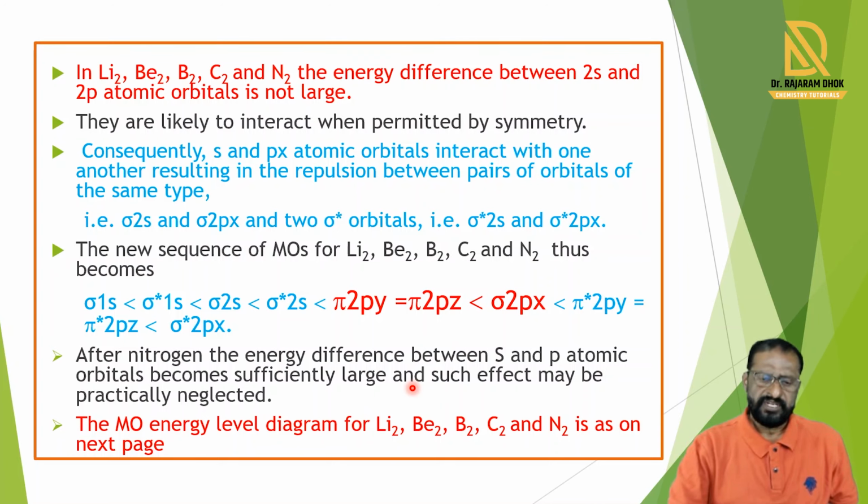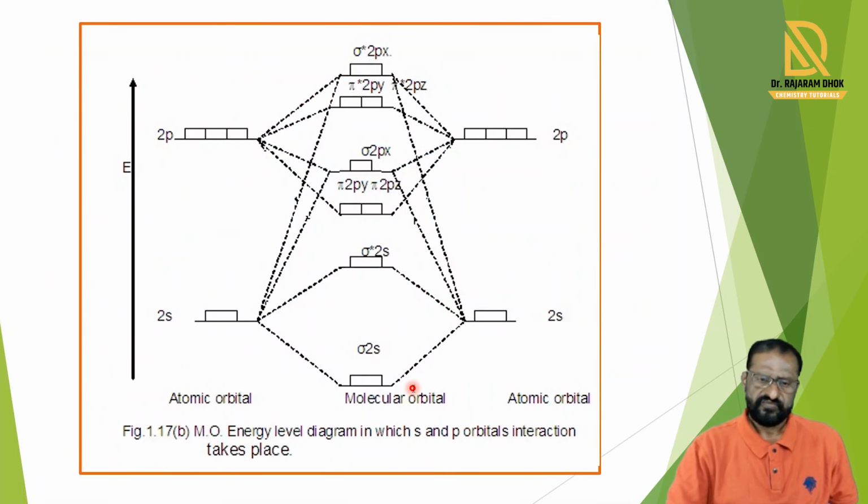In case of the lithium, beryllium, boron, carbon and nitrogen, the energy level diagram is changed in two energy levels, and where they are changed we see in the diagram. You see this diagram, these energy levels remain same, but this sigma 2px acquires higher energy and pi acquires lower energy. So only here is this energy difference formed.